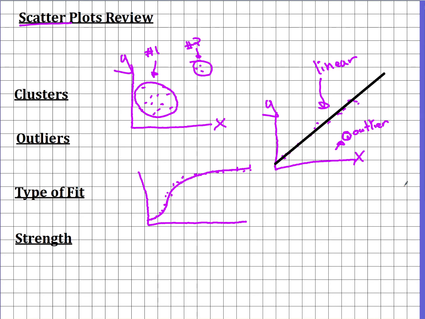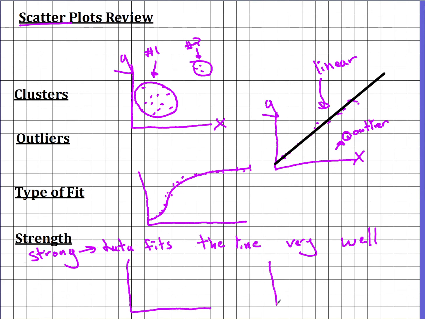And of course, you could talk about the strength. We call it strong when the data fits the line very well. So let's do two examples with roughly the exact same trend line, but let's make one very strong and one very weak.